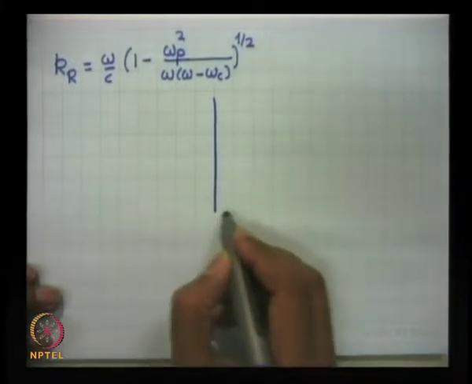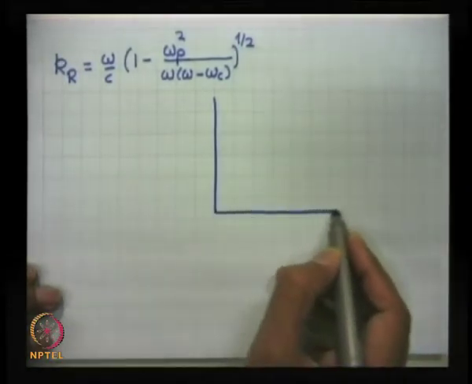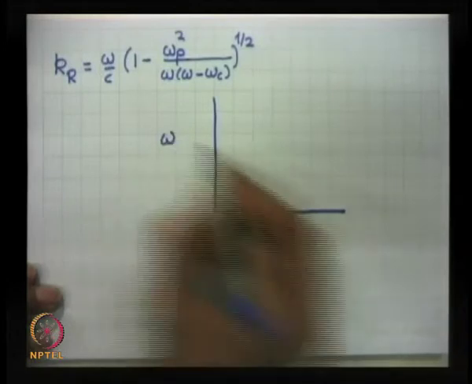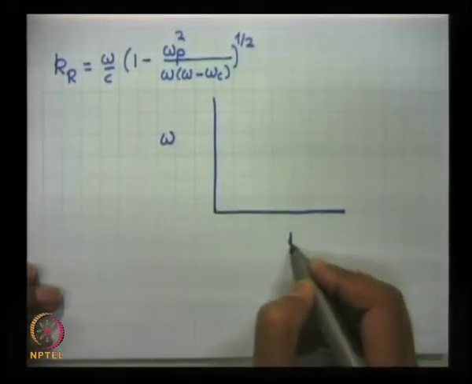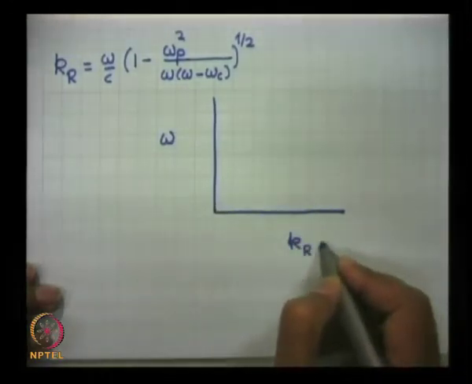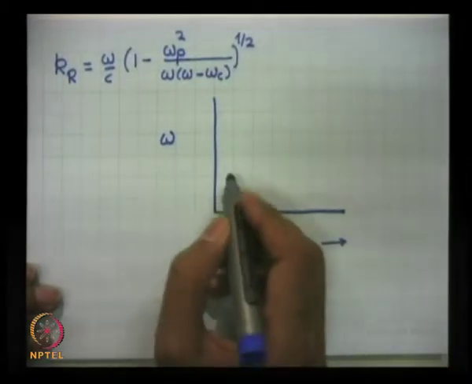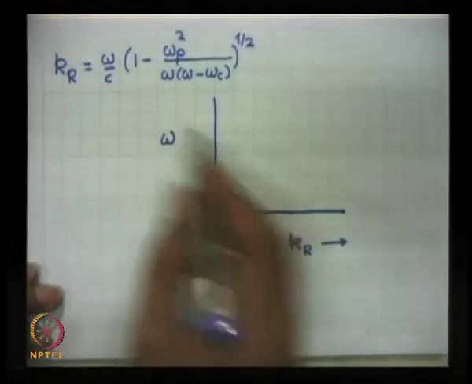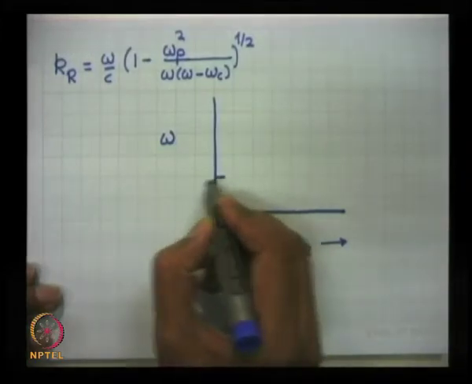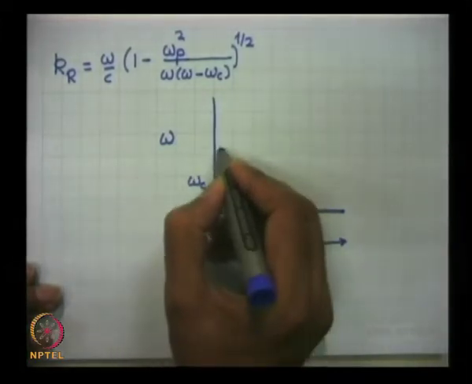If I plot this, this is usually plotted as omega versus k, omega here and k here. Suppose omega_c is somewhere here and the right hand cutoff is somewhere here.